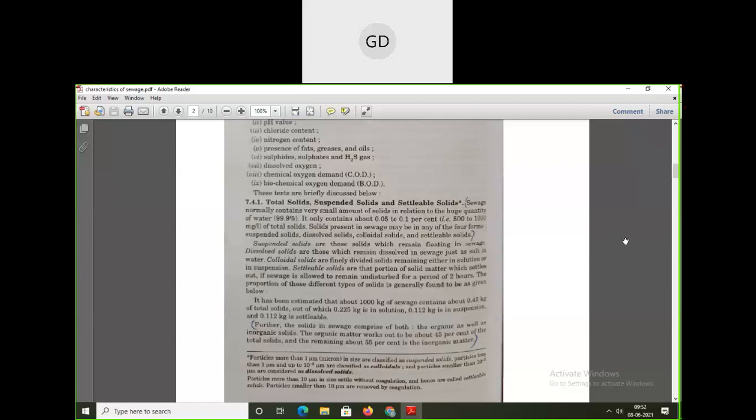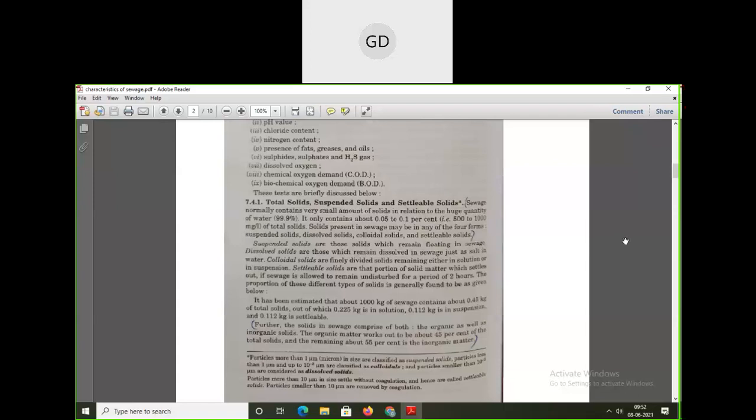Your first one is total solids, suspended solids, and settleable solids. Let us see what all these are. Basically, sewage will contain 99.9% of water, and it contains only about 0.05 to 0.1% of total solids.